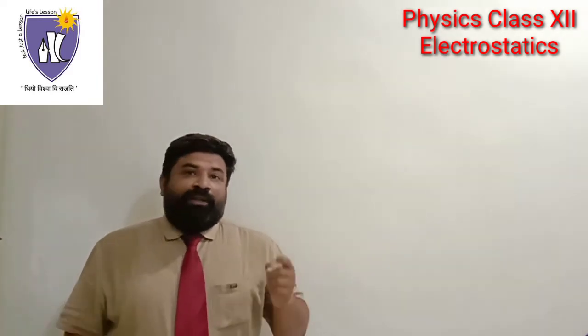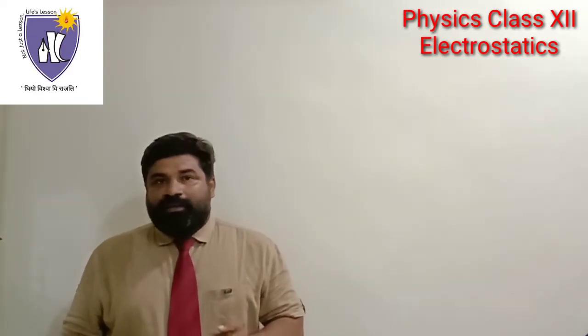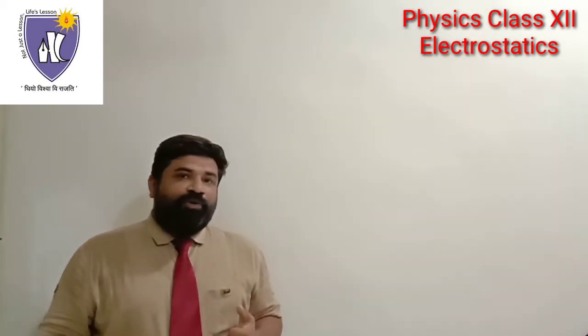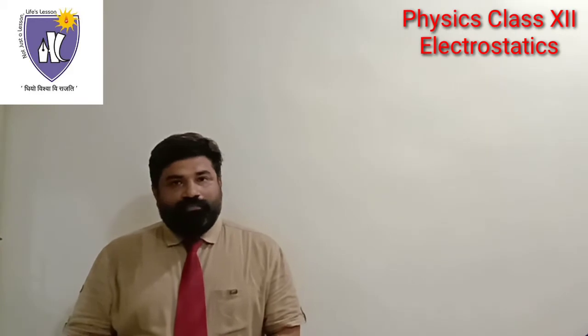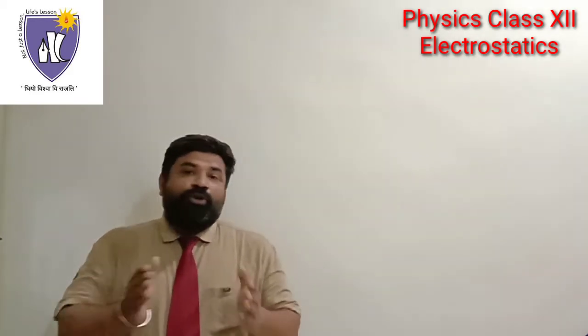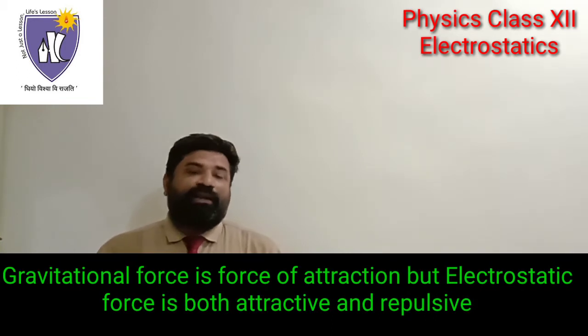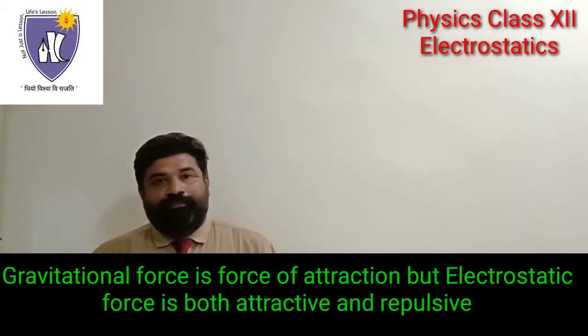Now, like electrostatic force, you studied another force in class 11, that is gravitational force. If I explain it here, you will see that it is more like gravitational force. But we know that gravitational force is only a force of attraction, not repulsion.